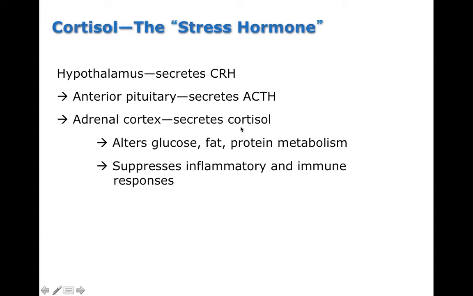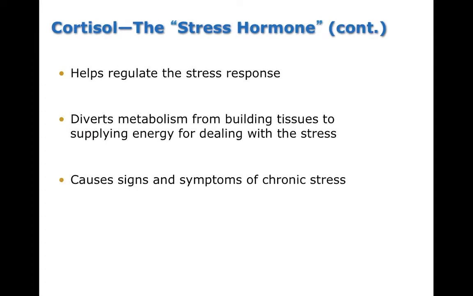Now, because we think about cortisol as being the stress hormone, we see that it alters glucose, fat, and protein metabolism, and chronically it actually suppresses your immune response. This is one of the reasons why we talk about how if you're stressed, that can put you at risk for infection.